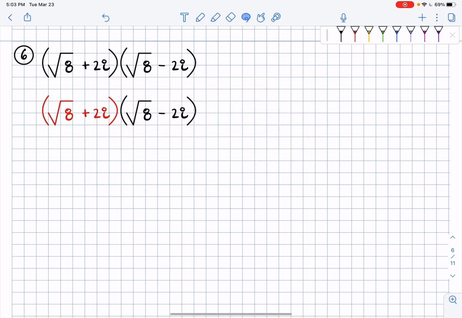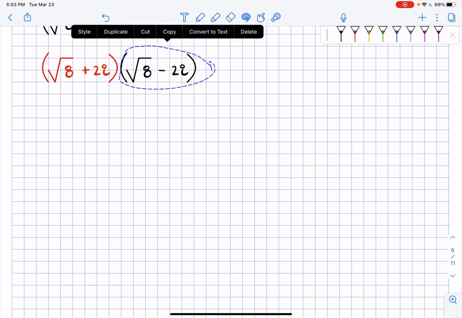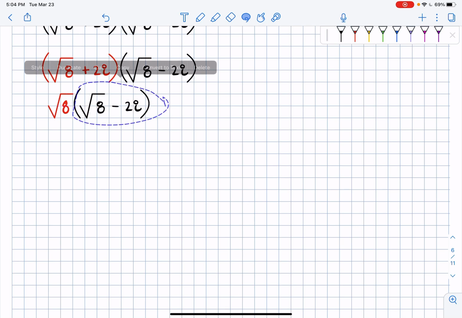I would tell you to write this out so that, before I even do that, I would tell you to do square root of 8 times this right here.